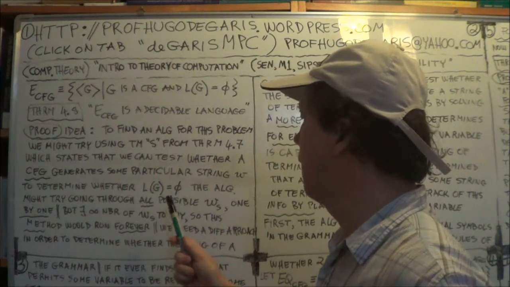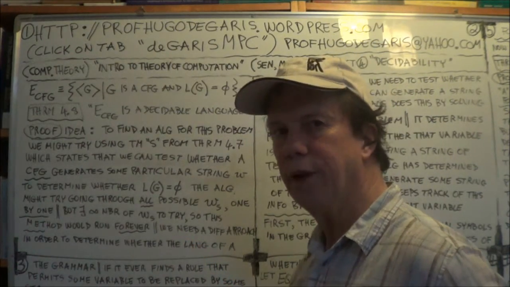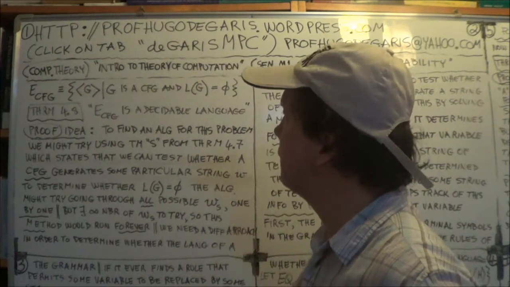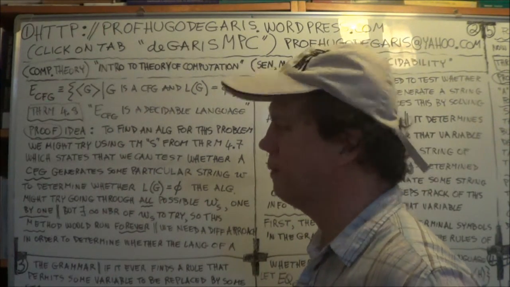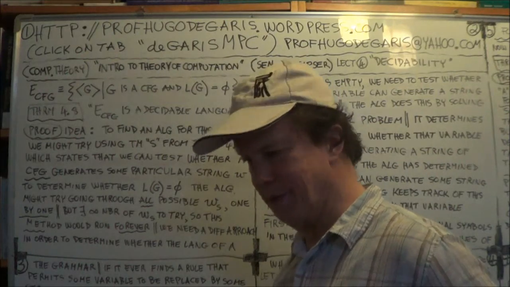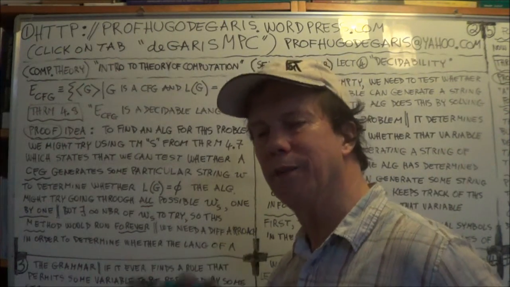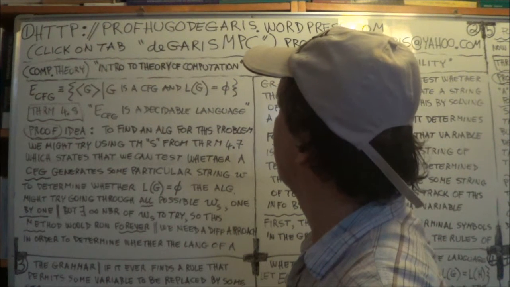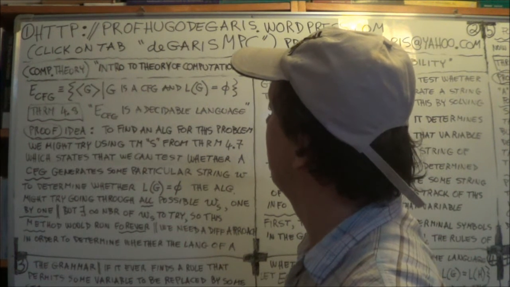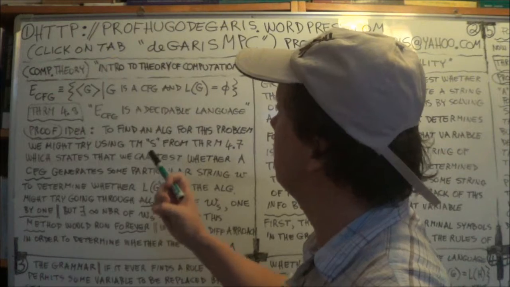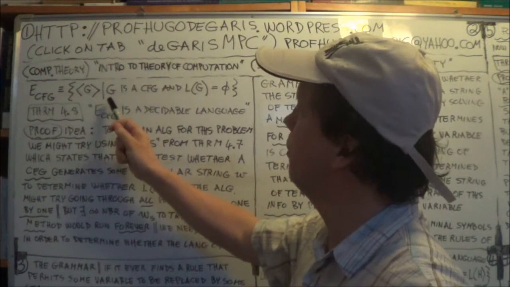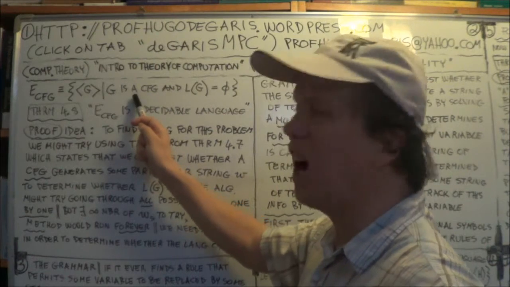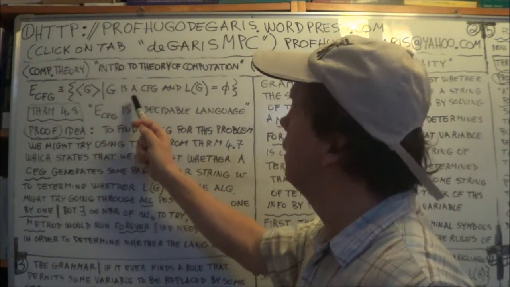So you're given the grammar. Well, for all possible grammars, one at a time, you're looking at a grammar. I've got to be careful here. Are we talking about a particular grammar or any grammar? I think any, not a particular one.